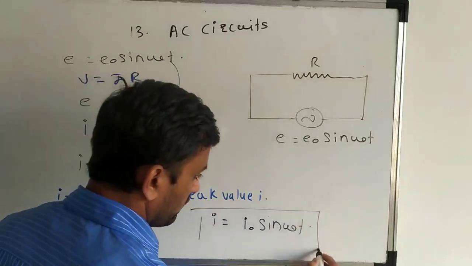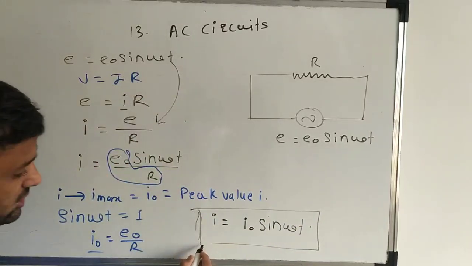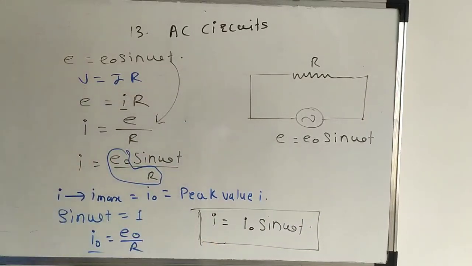This is the value of alternating current in terms of the peak value of current or the maximum value of the current. So this is the pure circuit with a pure resistor connected to the AC circuit, where we got the value of alternating current as I naught sine omega t.